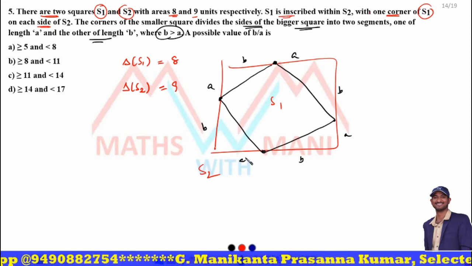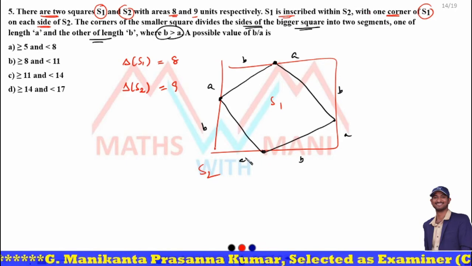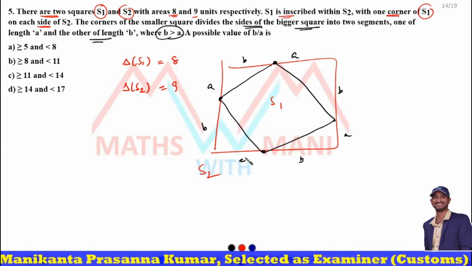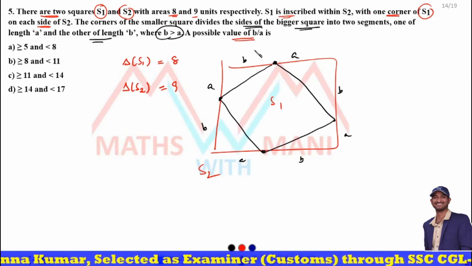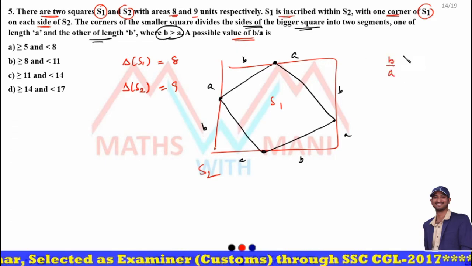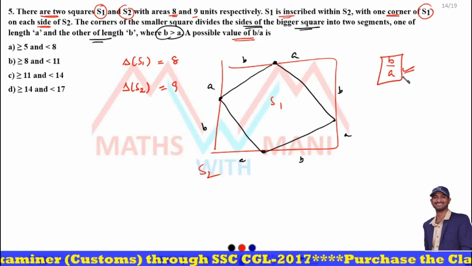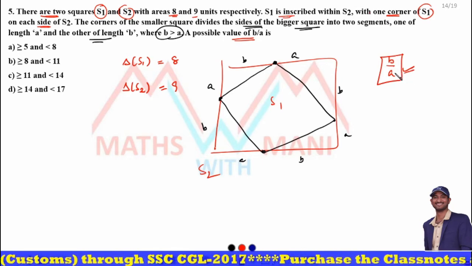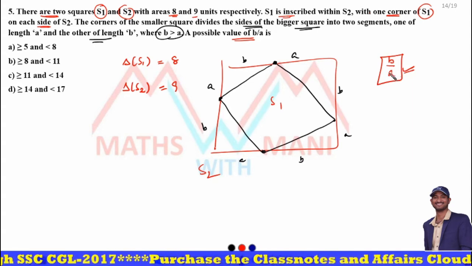In this way the corners divide the outer square's sides. Then what you have to find out is a possible value of B by A. Very nice model. You may come across this type in the coming SSC exam or SI, APSI, constable exams.